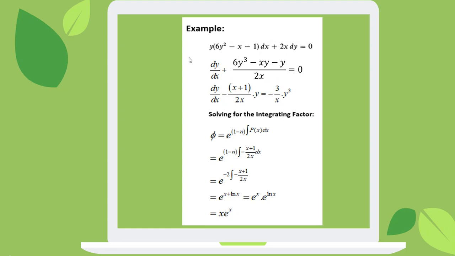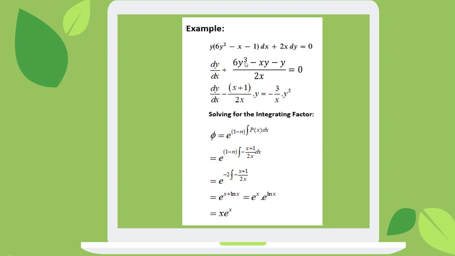Still doesn't look Bernoulli. So you have to look for that particular unknown function variable whose exponent is greater than 1. This one is y raised to 3. So that should tell you that this one, together with the divisor here, should be transferred to the other side.